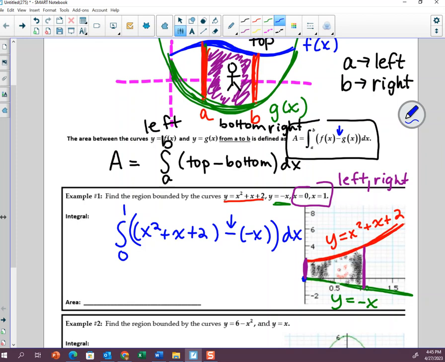Now, how are we going to calculate this? Well, if we're going to go by hand, we would have to simplify, or we could simplify, it would make it easier. And so I would say 0 to 1, x squared plus x plus 2 plus another x.